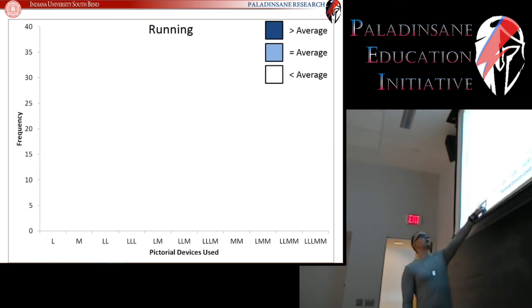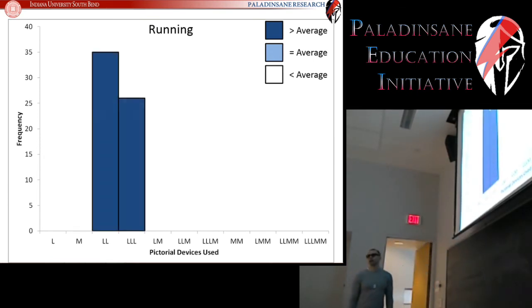What about the combination of two literal and three literal devices? Well, we have that many instances of those types of pictures. So what we did to indicate how much a device was used is we took every single picture that showed running and we computed what frequencies we need in order to be significantly above average, what frequencies we need to be at an average amount, and then what frequencies we need to be significantly below average.